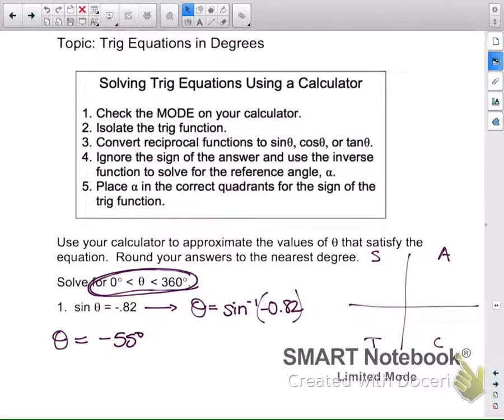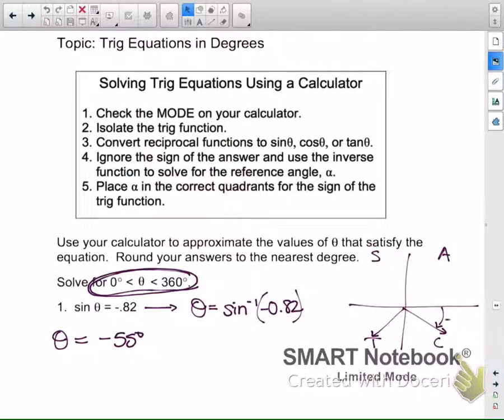Where in this is sine a negative number? The bottom two, which means how many answers am I going to actually have for this question? 2. Which one has the calculator given me at this point? Third or fourth quadrant? Fourth quadrant.